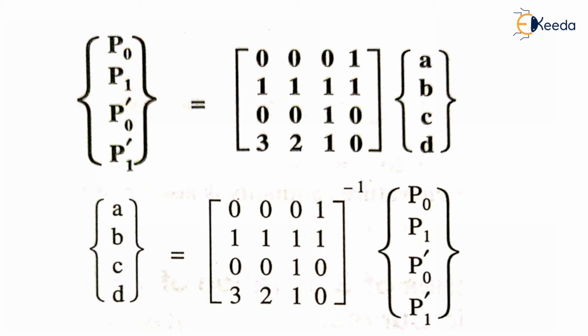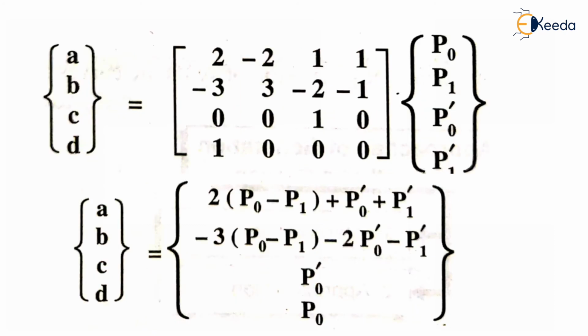So we have to club all of this together. We get [P naught, P1, P naught dash, P1 dash] equal to the matrix [0 0 0 1; 1 1 1 1; 0 0 1 0; 3 2 1 0] times [a b c d]. We have to take the inverse of that, so [a b c d] equals the inverse matrix times [P naught, P1, P naught dash, P1 dash].